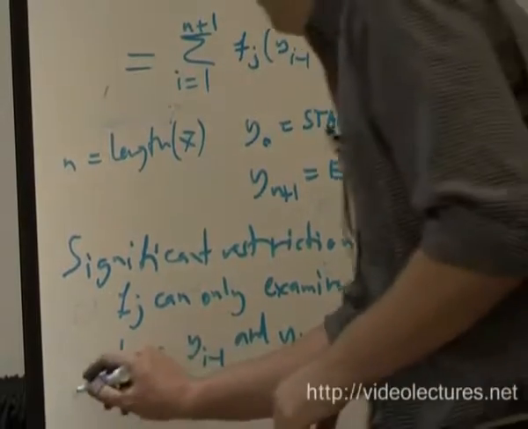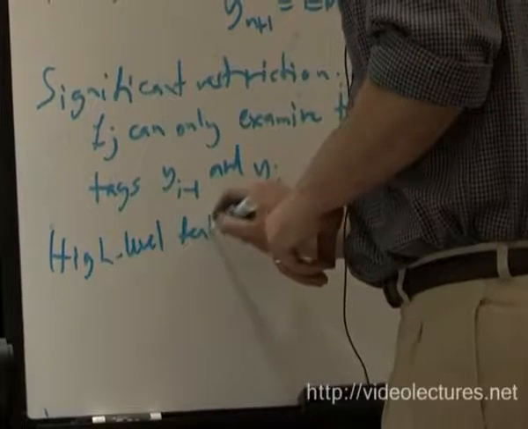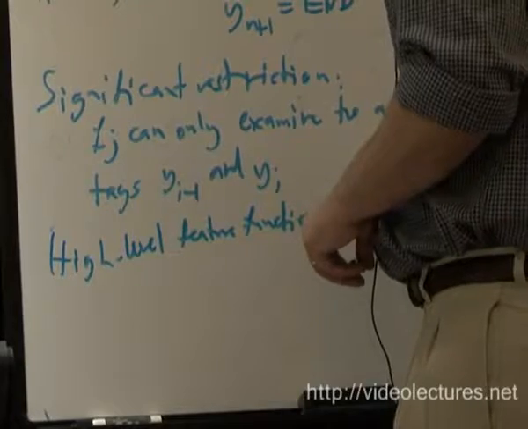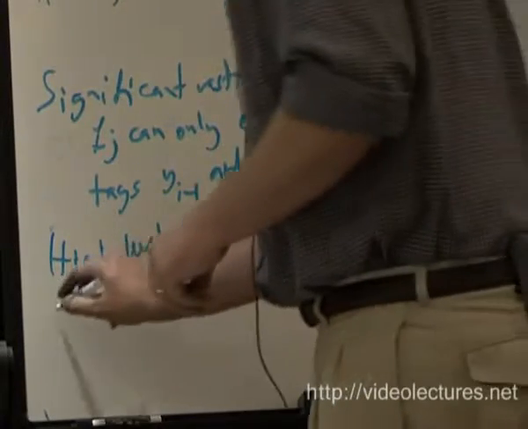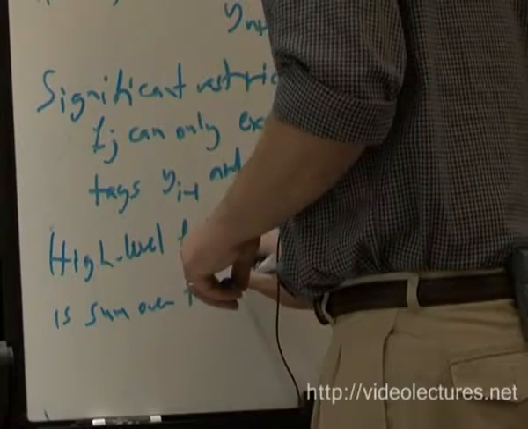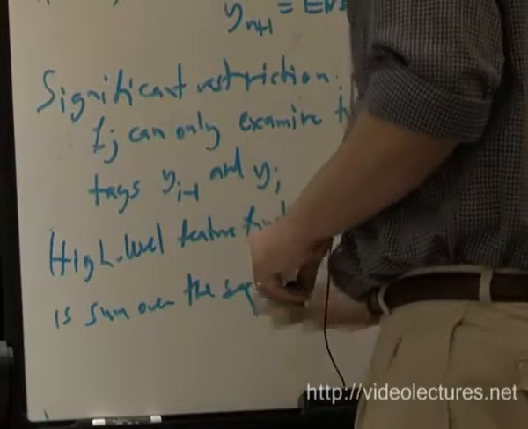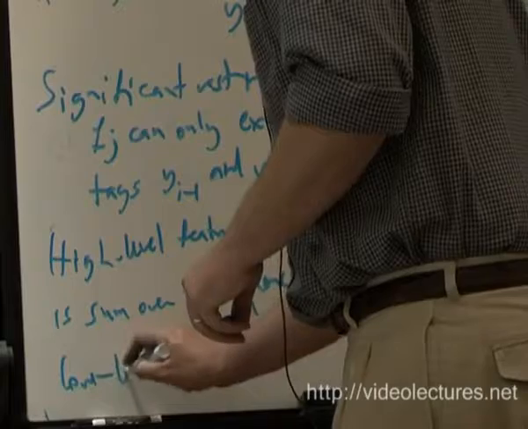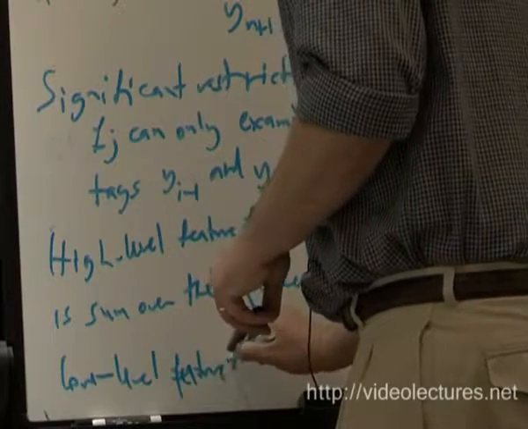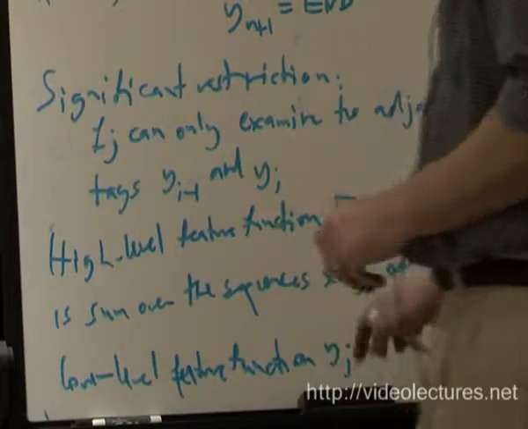And so the terminology I'm going to use is a high-level feature function fj, which is a sum over the sequences x bar, y bar of the low-level feature function, little fj.